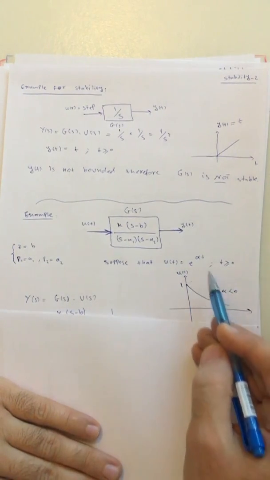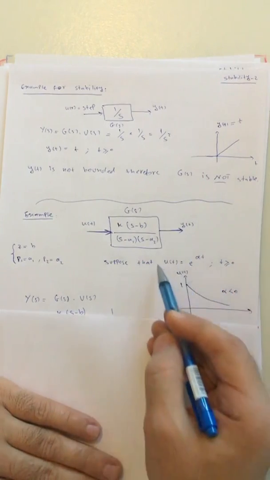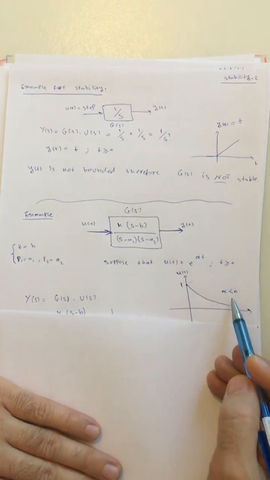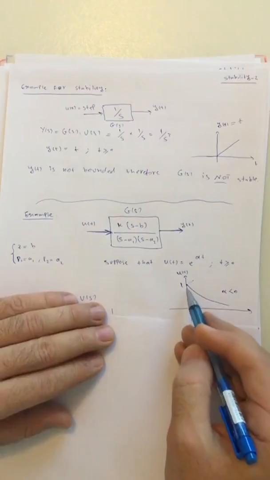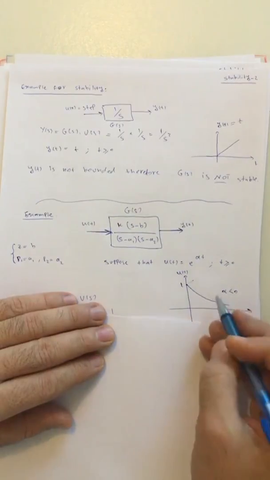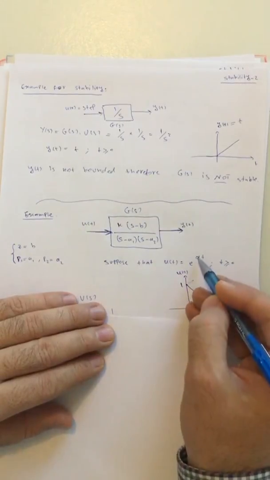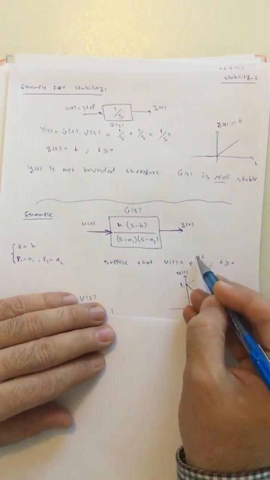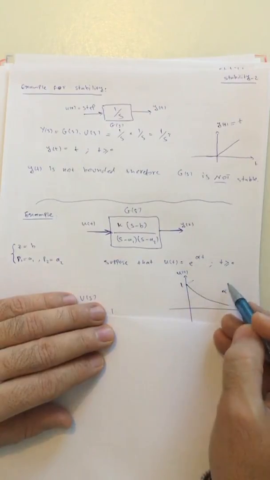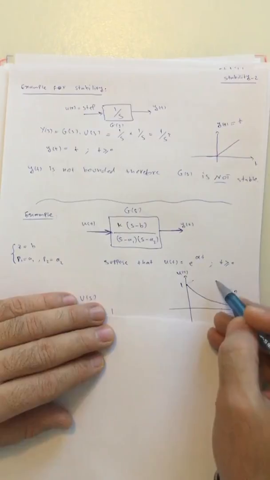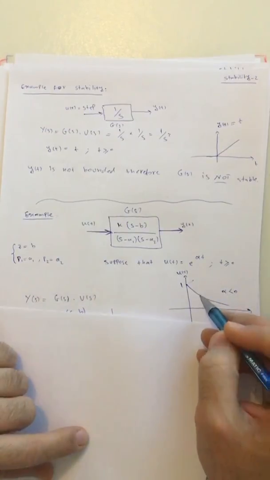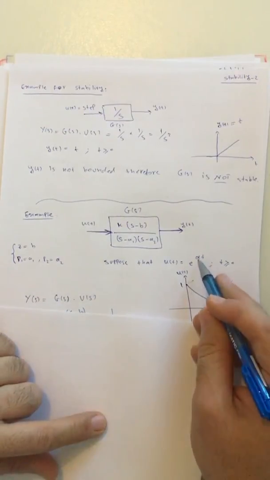So a is negative, and we are assuming such an input with negative a, which gives you this curve. By the way, if a is 0, then e to the power of 0 is 1, so it is a step input. But what we consider here is actually a negative. So let's see what would happen when a is negative.